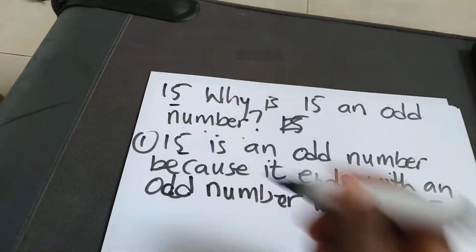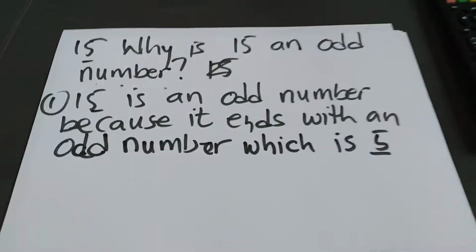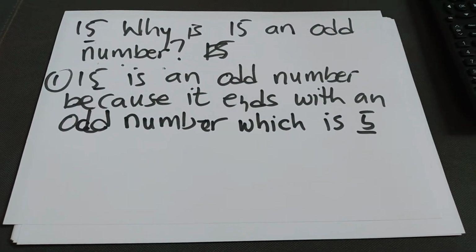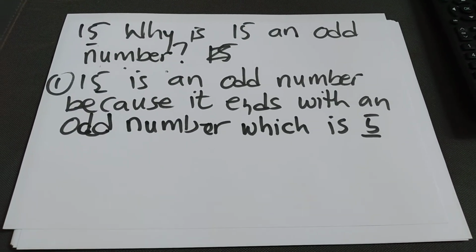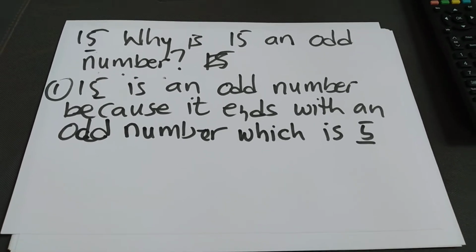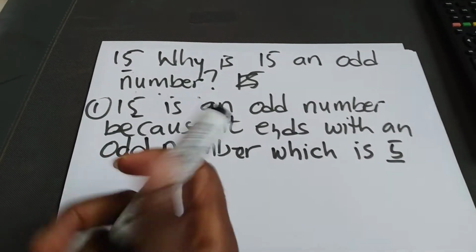So you see, 15 is an odd number because it ends with an odd number, which is 5. Got it? Very good.